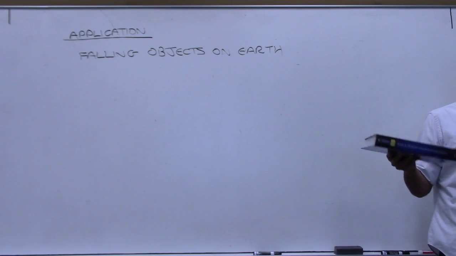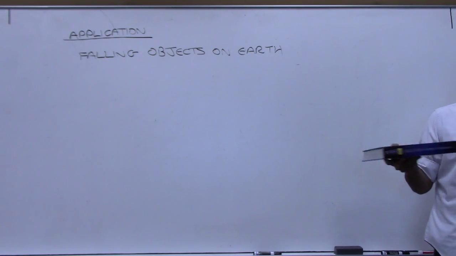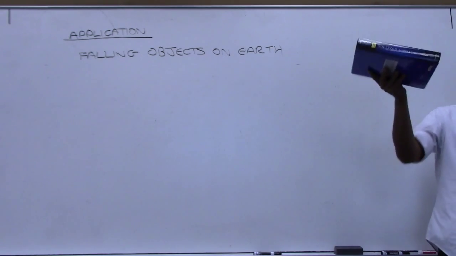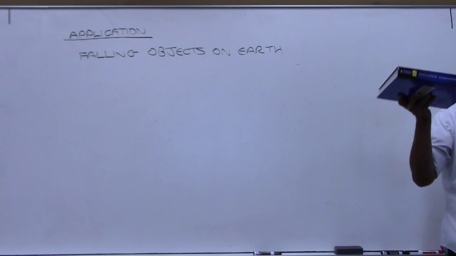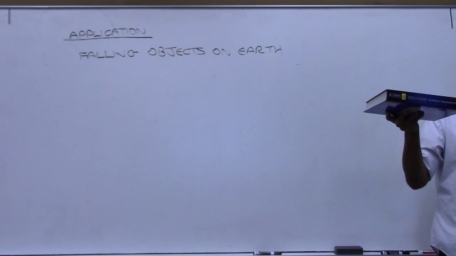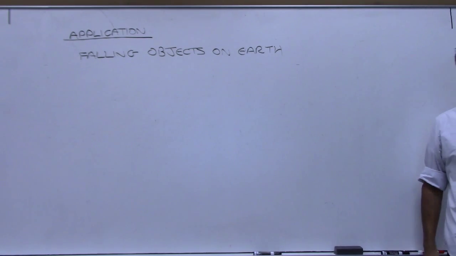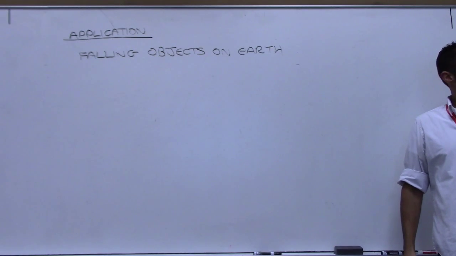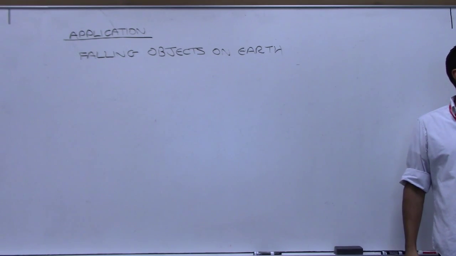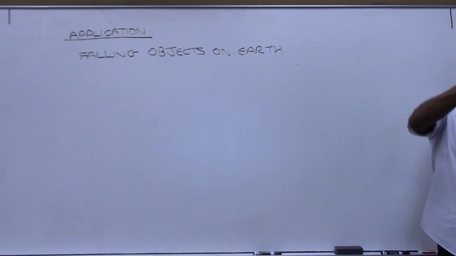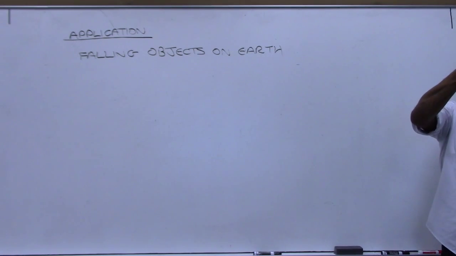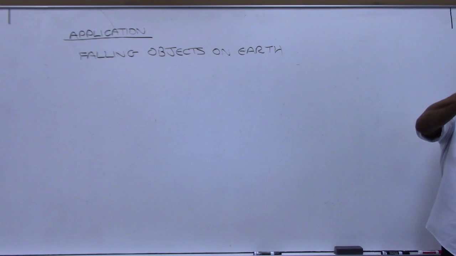Heavier? All right, so if you think the book's going to fall faster than the paper because it's heavier, then what should happen if I put the paper on top of the book? It should fall the same way. Why would they fall the same? Because you have no air pushing between them. But, okay, yes, but if this is falling faster because it's heavier, then shouldn't it fall away from the paper?